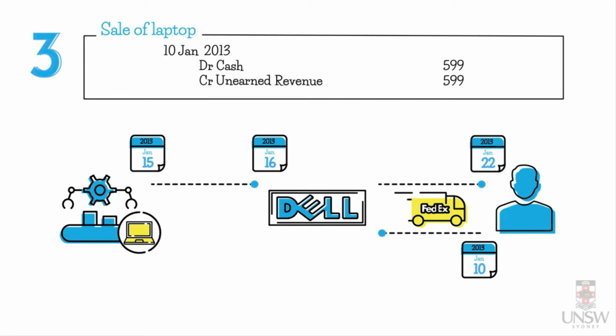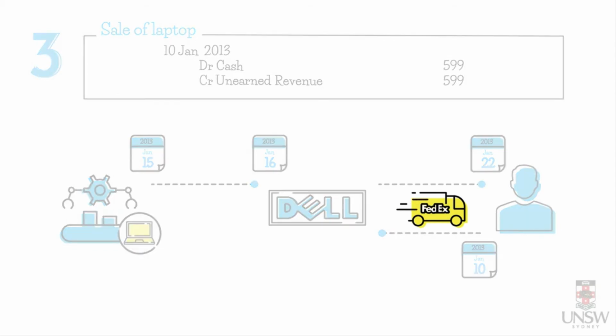We then can make an assumption about whether we believe that all of the risks and rewards have been transferred to the customer. The point at which it could be transferred, you can assume, is based on shipping. This is because there is a third party involved, FedEx. FedEx would then take on those risks and rewards.